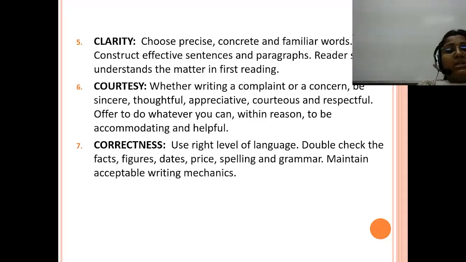Next comes clarity. What do you understand by clarity? Clarity demands that the business message should be correct and concrete. Getting the meaning from your head to the head of your reader accurately is the purpose of clarity.